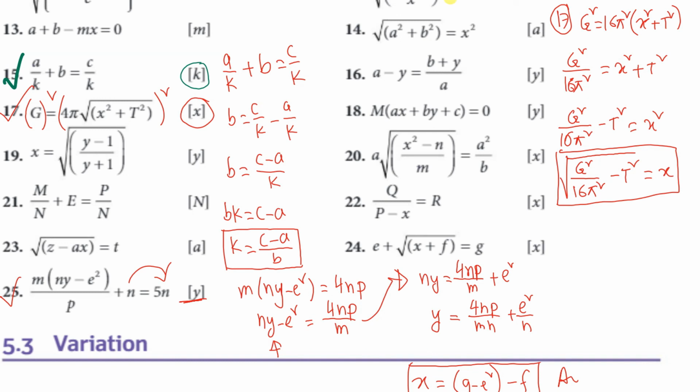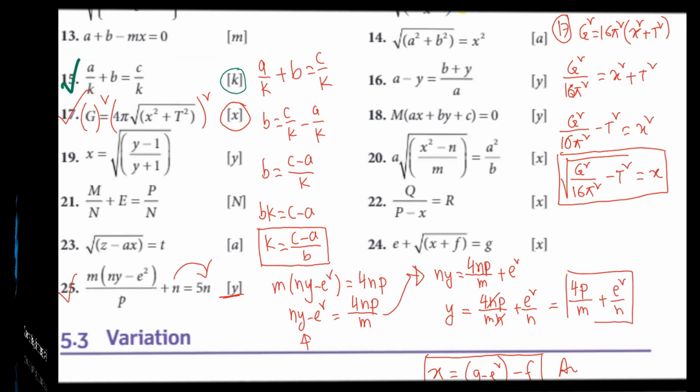We can do one more thing. We can cut out this n and n from here. So our final step is to write y as a subject: 4p divided by m, then plus e square by n, and that is our expression for y.